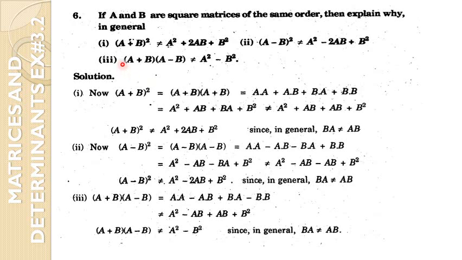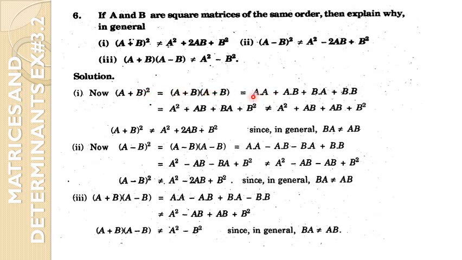Okay, so the first part is (a plus b) whole square, that is not equal to a square plus 2ab plus b square. It is not equal. Why? Because (a plus b) whole square means (a plus b) multiplied by (a plus b).